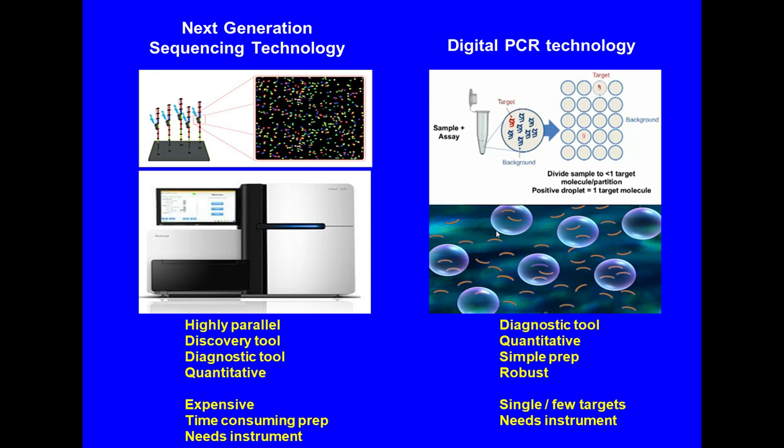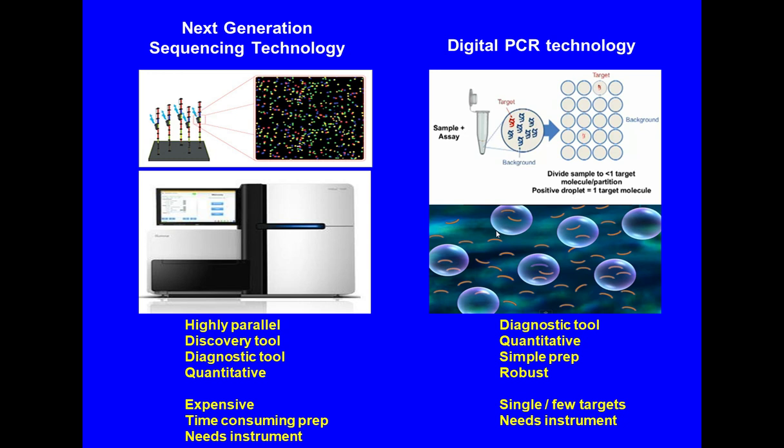As we all know, NGS is highly parallel. It can be a discovery tool because you can have a very big net to catch fish. Basically, you can screen thousands of gene targets at the same time to discover new mutations depending on what therapy is applied and so on.